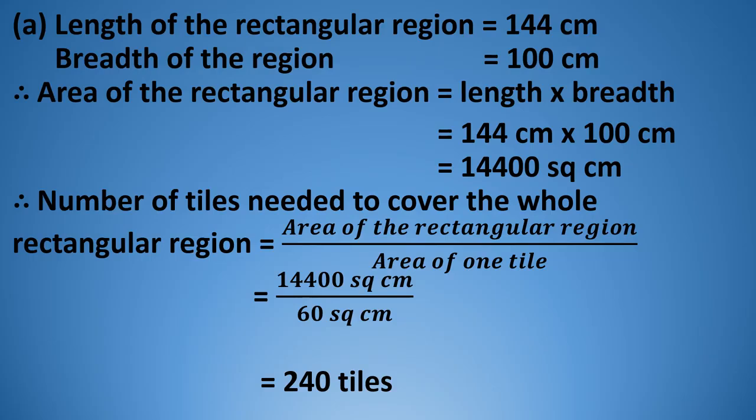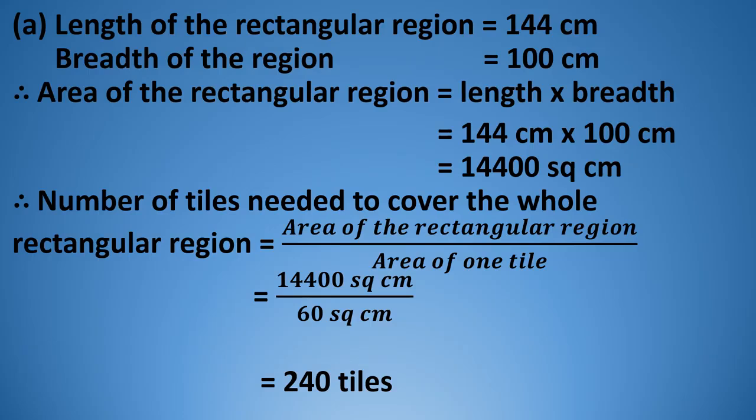So the number of tiles needed to cover the whole rectangular region is the area of the rectangular region divided by the area of one tile. Always remember where we have to apply the tiles. We have to apply the tiles on the rectangular region on the floor. Okay, so that we will keep in the numerator. That we have to divide: area of the floor, area of the rectangular region, we will divide by the area of one tile.